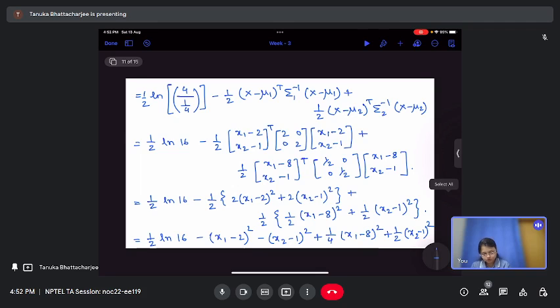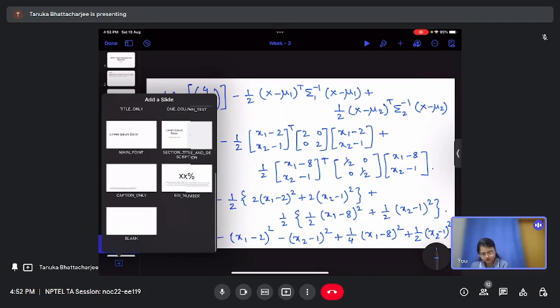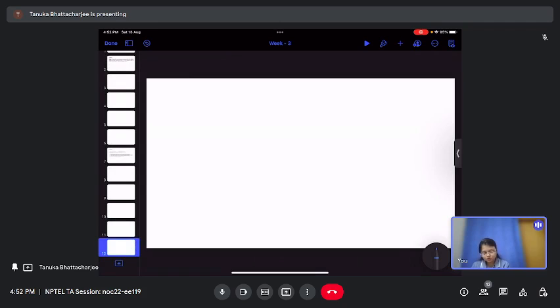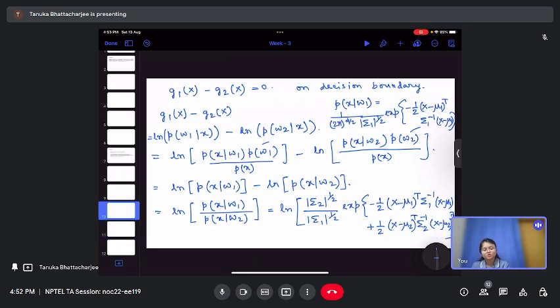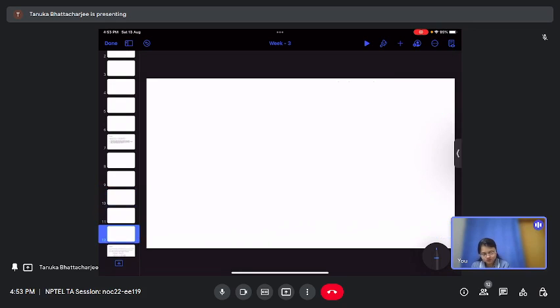So I am not going into further simplification right now. So the expression of the decision boundary, this is what we have computed, g1(x) minus g2(x). So the decision boundary will be this equal to 0.